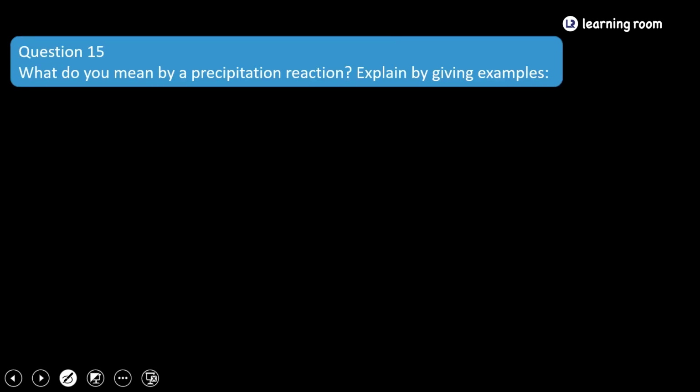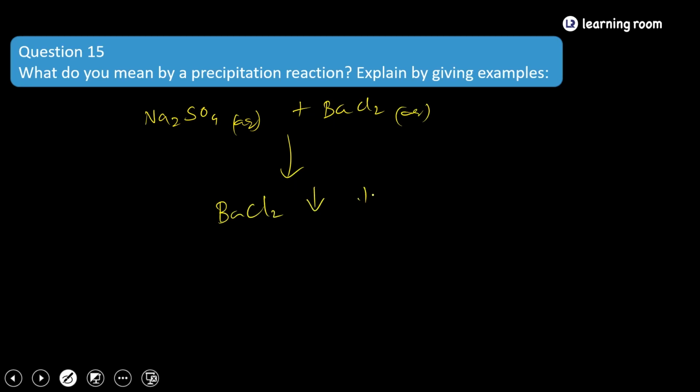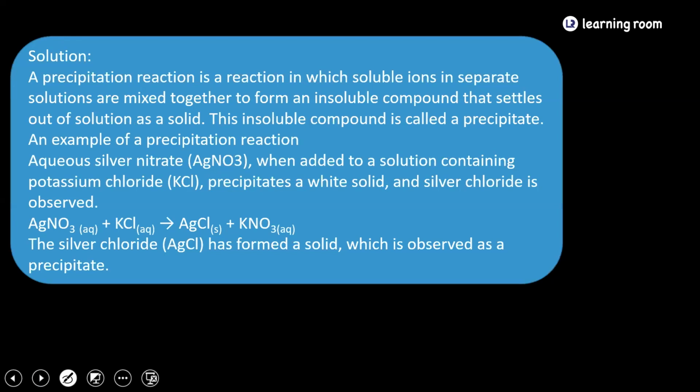What do you mean by a precipitation reaction? Explain with an example. Simply, you can take aqueous sodium sulfate treated with aqueous barium chloride. It gives an insoluble product, which is called a precipitate, plus an aqueous solution of sodium chloride. This is called a precipitation reaction.